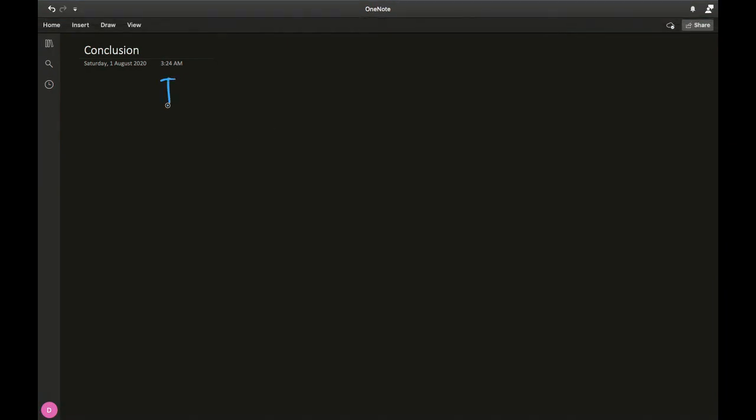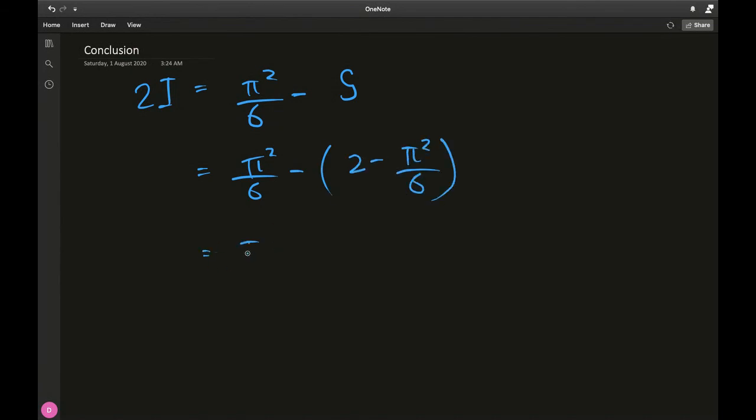So finally the general equation we had was 2I is equal to essentially pi squared over 6 minus s. And we know what s turned out to be, don't we? 2 minus pi squared over 6, and that will become pi squared over 6 plus pi squared over 6 minus 2, which basically turns out to be pi squared over 3 minus 2, and that is 2I.